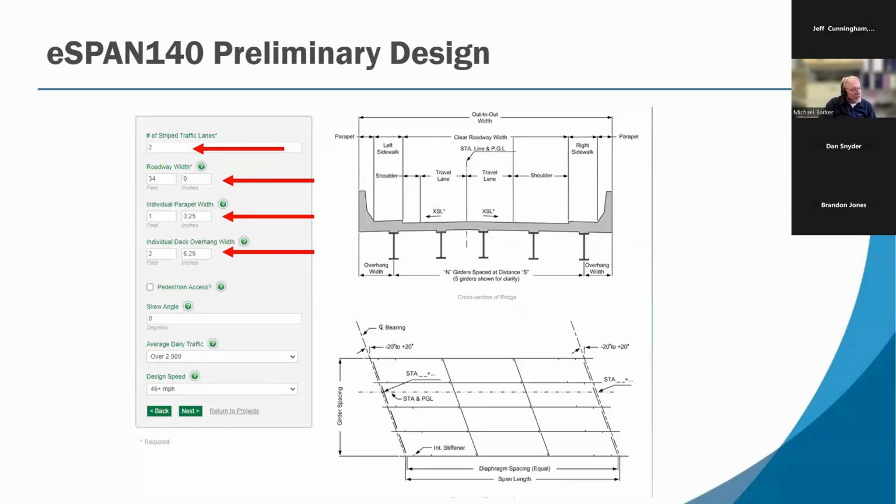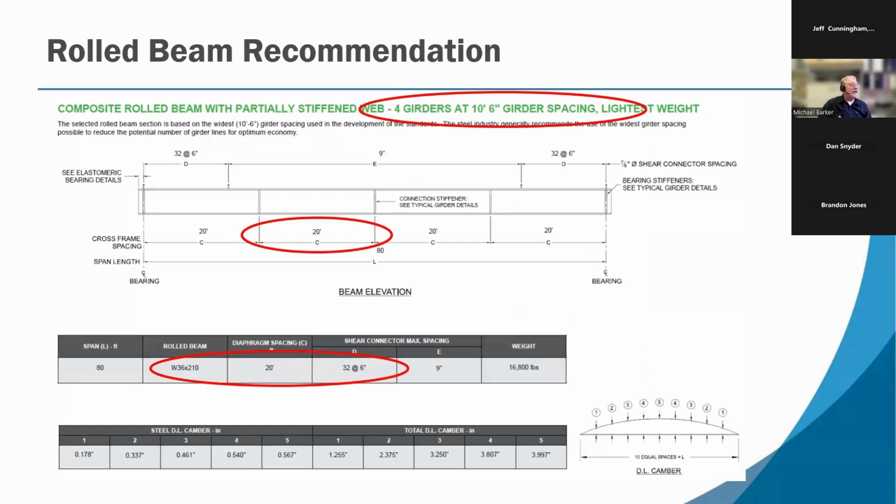And once we put that in, that standard design is going to come out and it's going to say, hey, let's look at the rolled beam solution. And it recommends, let's consider 4 girders at 10.5-foot spacing with a 20-foot diaphragm spacing for our construction and that kind of stuff.